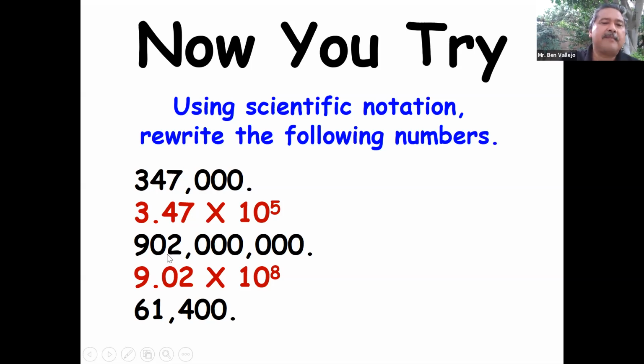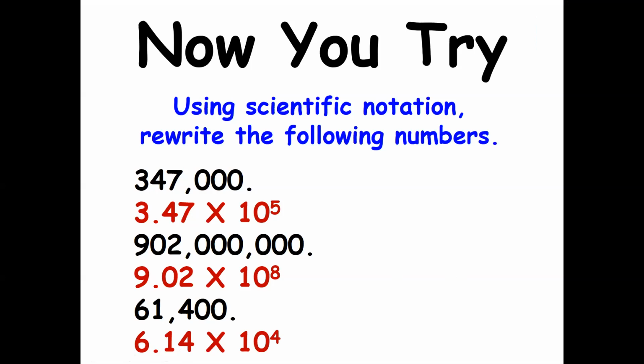Now, why couldn't I just stop right here? Well, if I stopped right here, it wouldn't be a number between 1 and 10. It'd be 90.2. So I would take one more, and it would go 9.02 times 10 to the eighth. Okay? And then this one here at the bottom is 6.14 times 10 to the fourth. Can I get a woot if you got that right? Oh, good. All right, you got it.